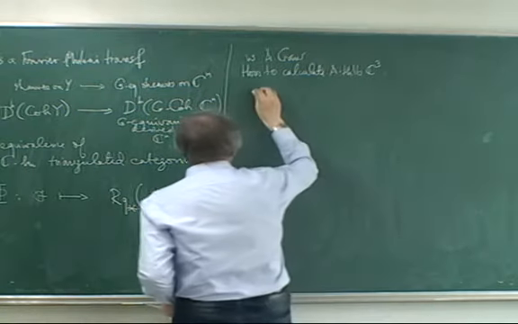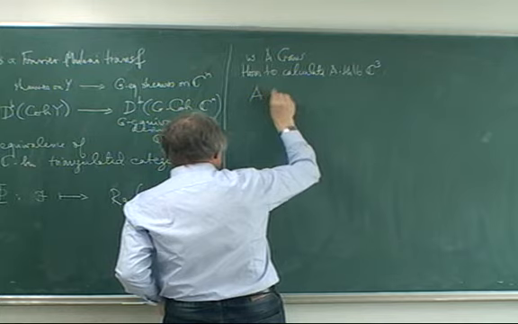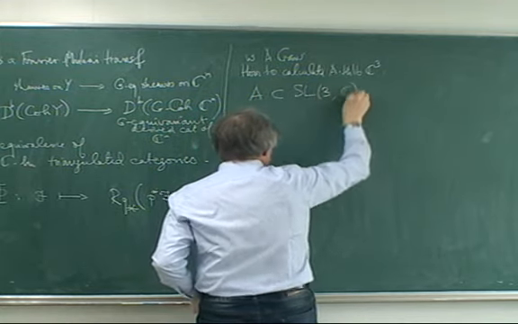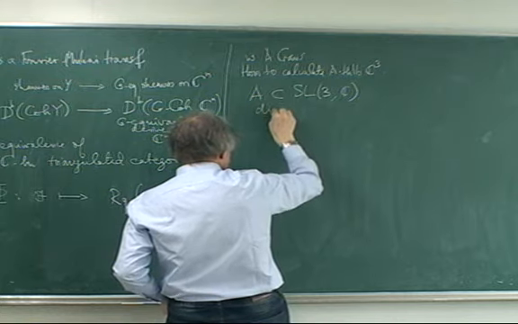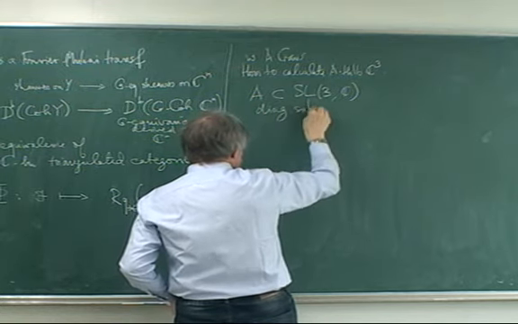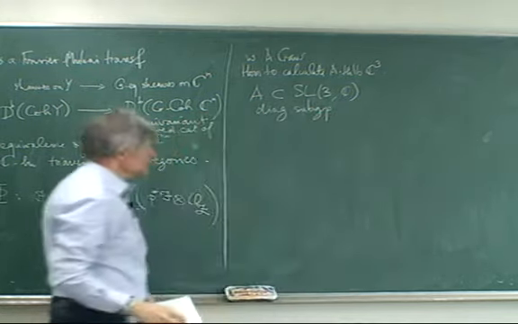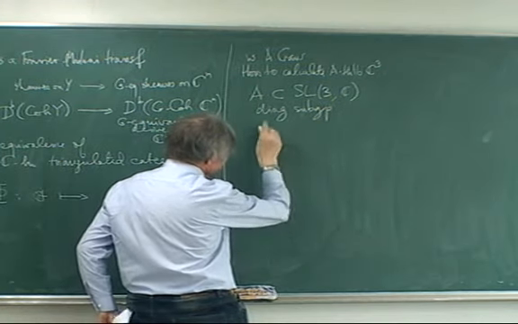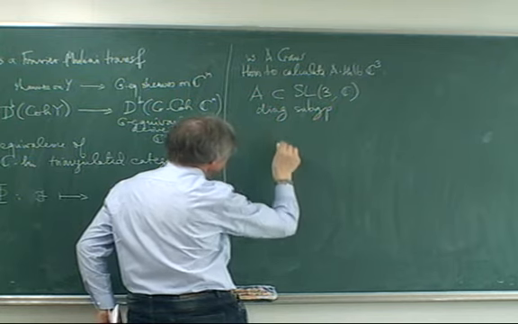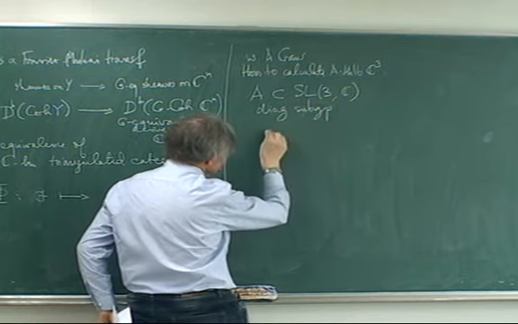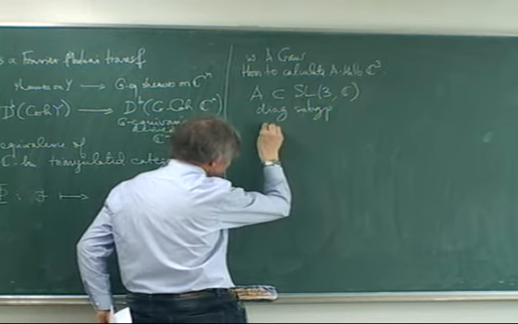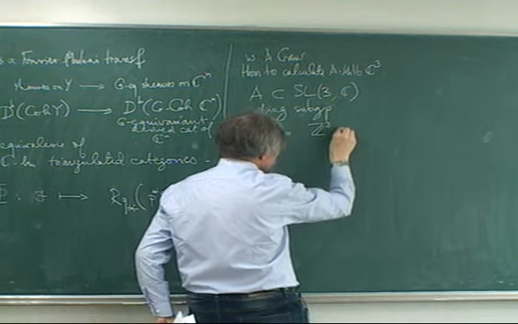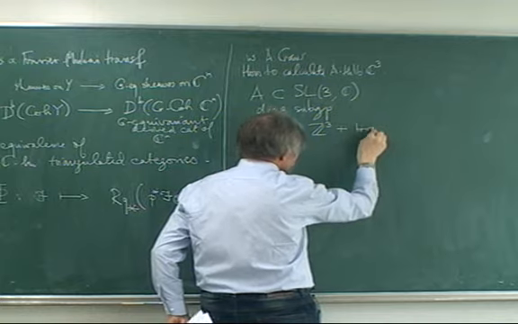So I want to have an A inside SL3, C, a diagonal subgroup. Right? So this means essentially that I have a lattice L, which is Z3 plus torsion.